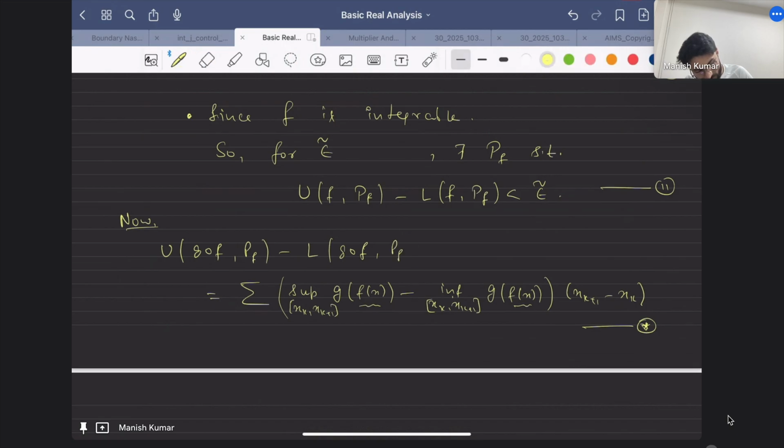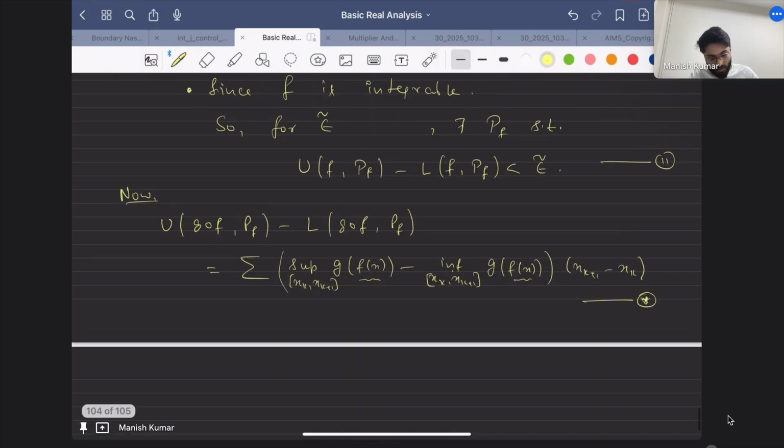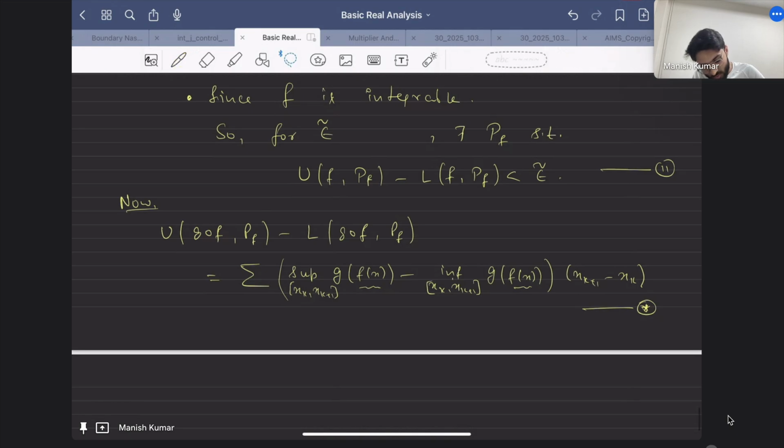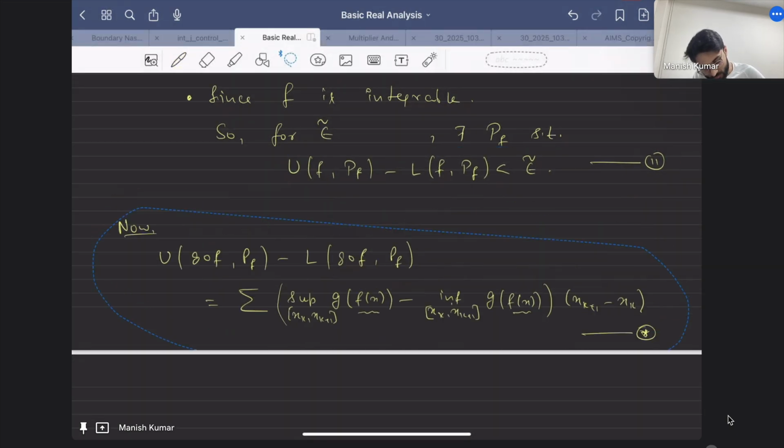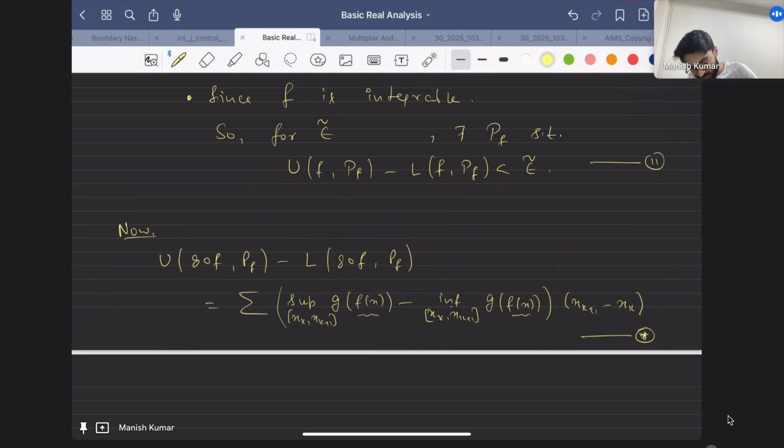If you want to rewrite this, what I have is that this supremum, let me write this M_k for simplicity, is less than epsilon tilde, for k from 0 to n minus 1.